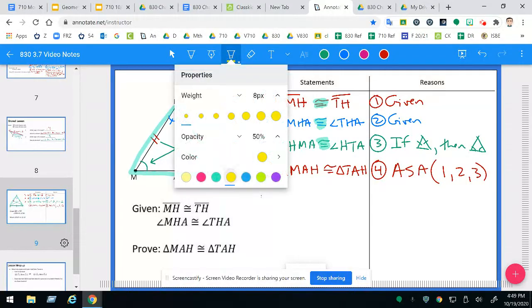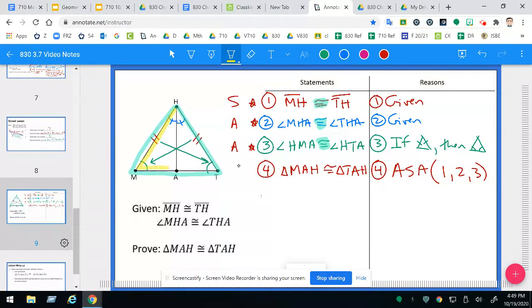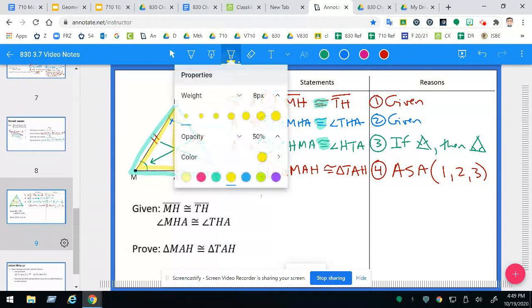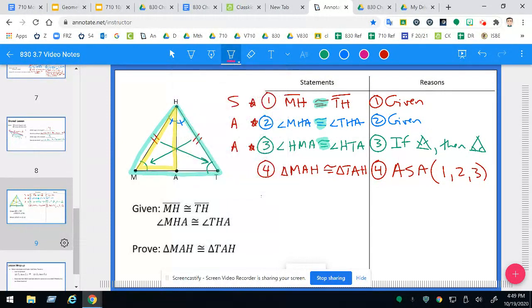Because in this case, we were looking to prove this triangle congruent to that triangle. Okay, and we used the big triangle to do that. We used the large triangle HMT to do our if sides then angles theorem.